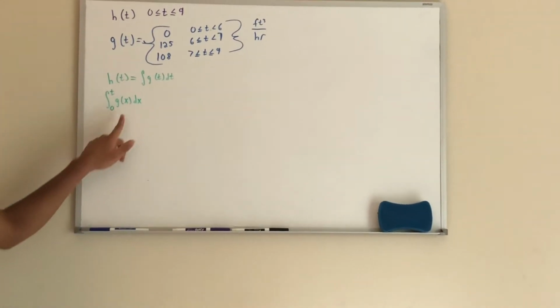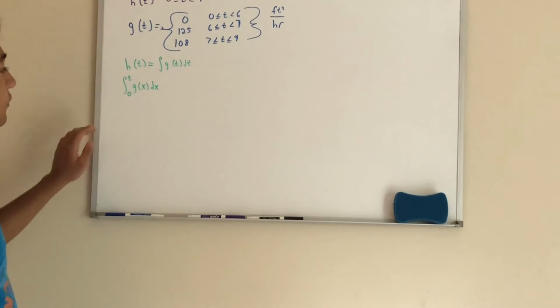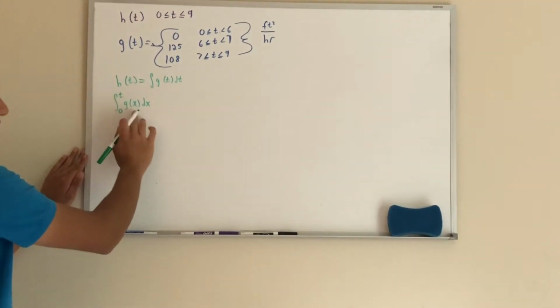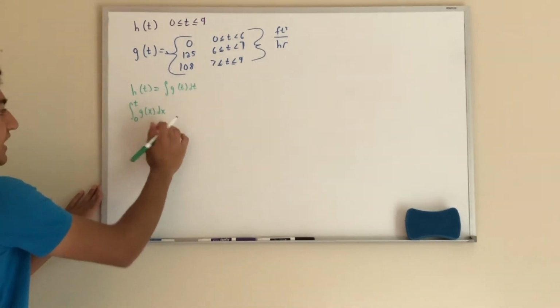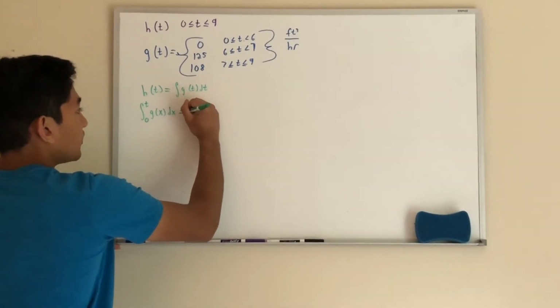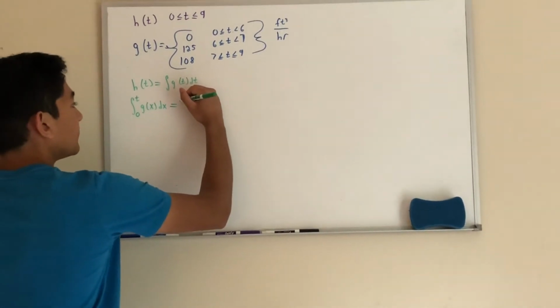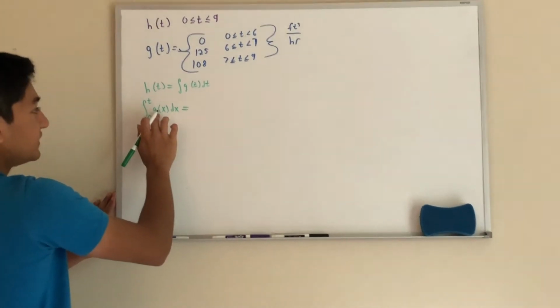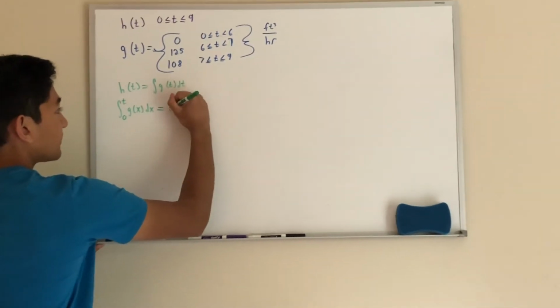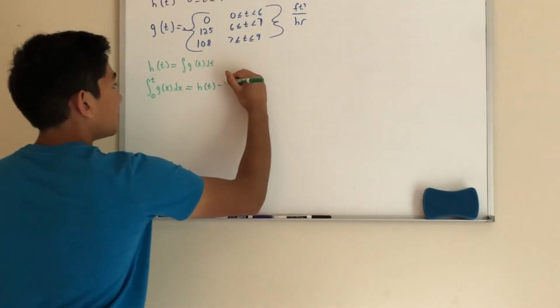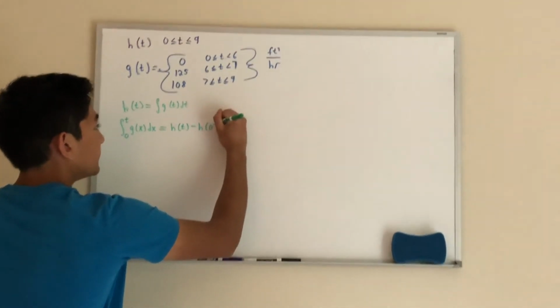And the reason we changed the variable is because we're integrating with respect to a different variable, since we have time t here, and this is just a function in relation to x. So if we use the fundamental theorem of calculus, we know that that will equal the integral of g, which will be h, of t minus h of 0.